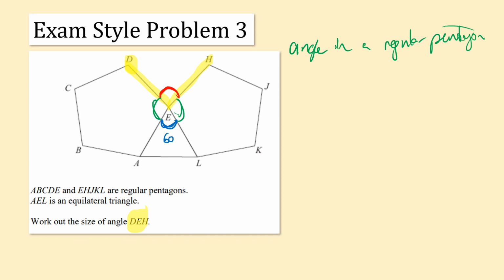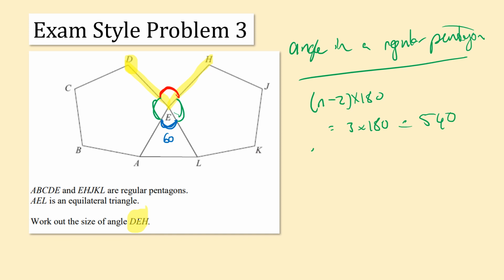So again, I'm going to use that formula n minus 2 times 180, which would be 3 times 180, is 540. And then I need to do 540 divided by 5, which is 108. Okay, so each of those angles is 108.